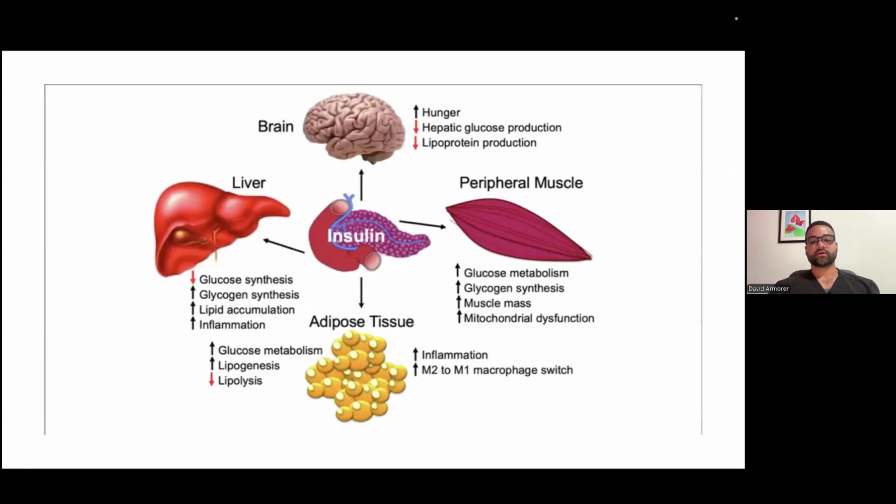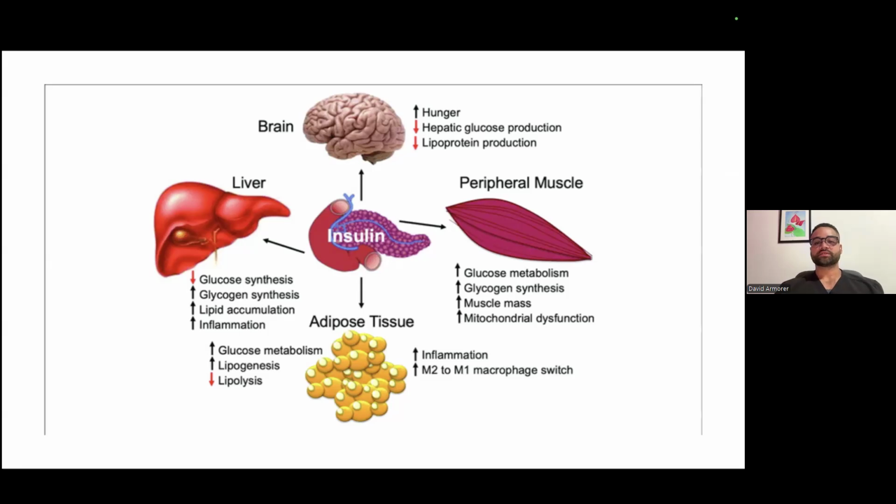So there's a small diagram on the effects of insulin. The main effects would take place in the liver, where it decreases glucose synthesis, increases glycogen synthesis, increases lipid accumulation, increases inflammation. In the adipose tissue, it increases glucose metabolism, increases lipogenesis, decreases lipolysis.